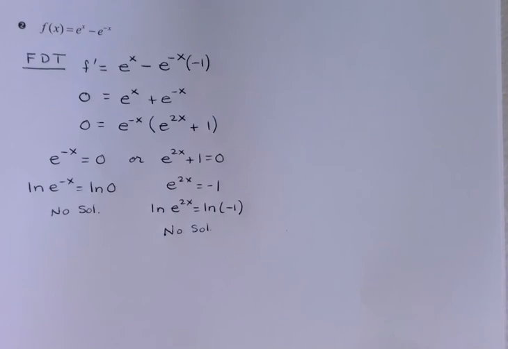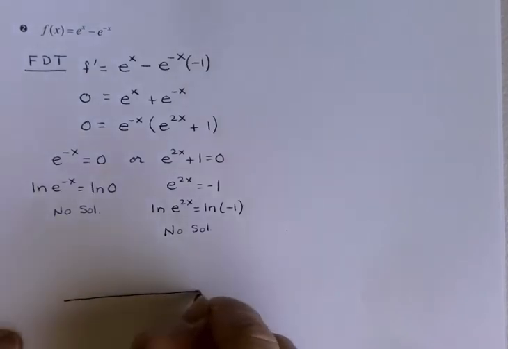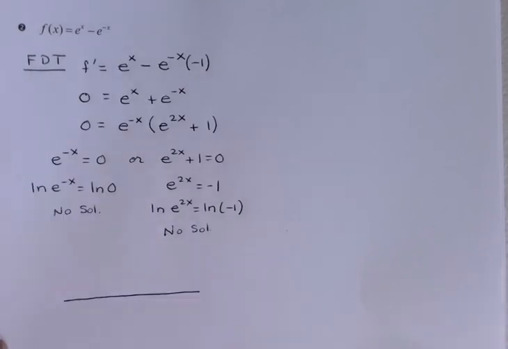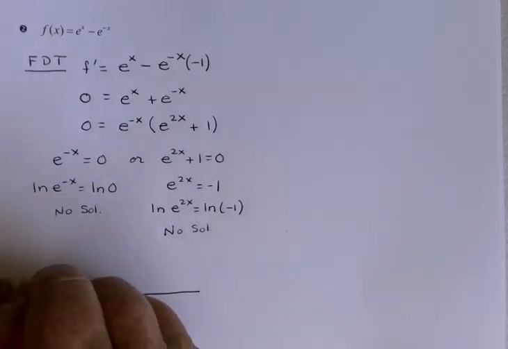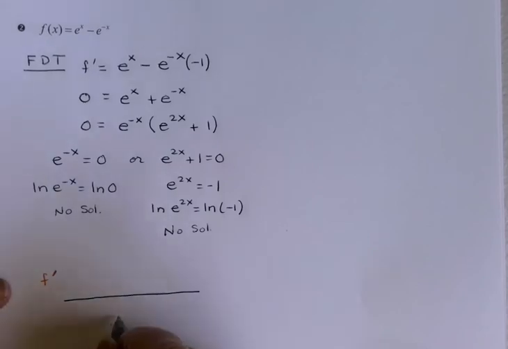So I actually didn't get any critical values for my first derivative test at all. What that means is this function is going to either be increasing all the time or decreasing all the time. So I can check on that just by picking any test value at all. So there are no critical values to put on my number line. I'm just going to say pick any test value.